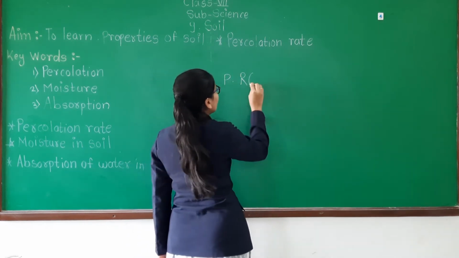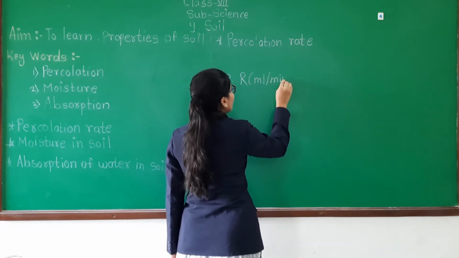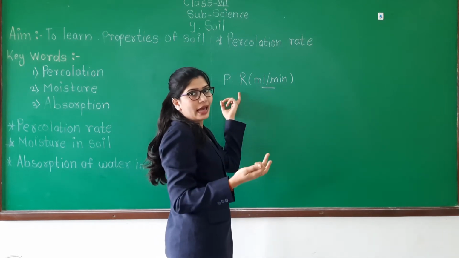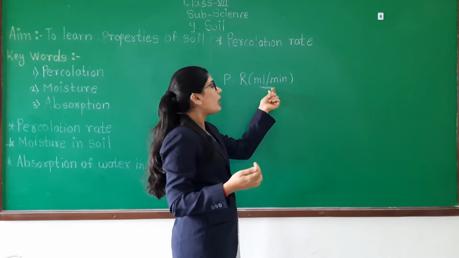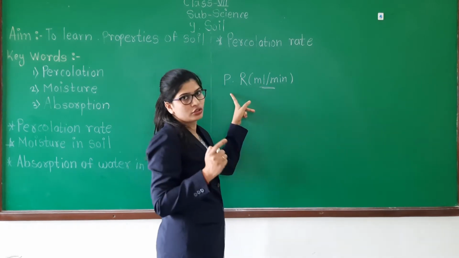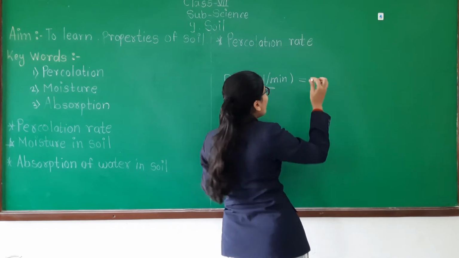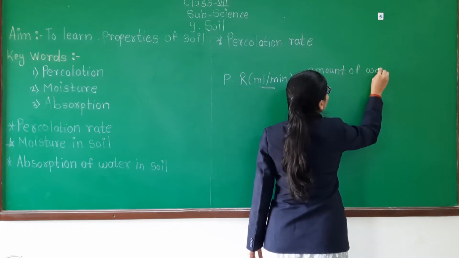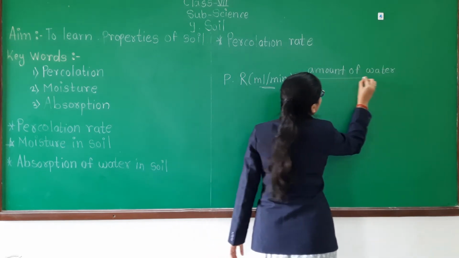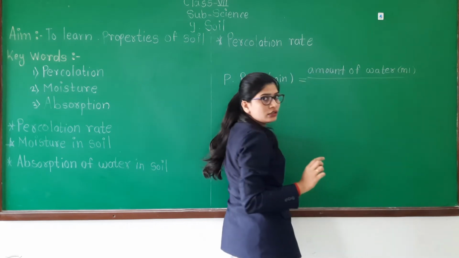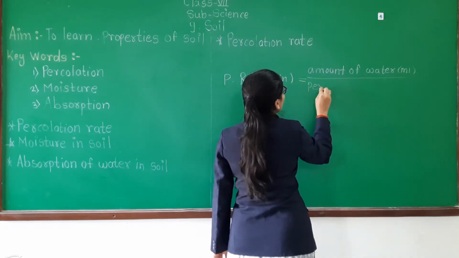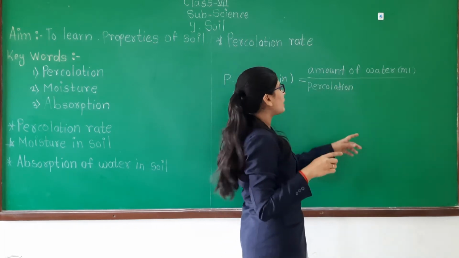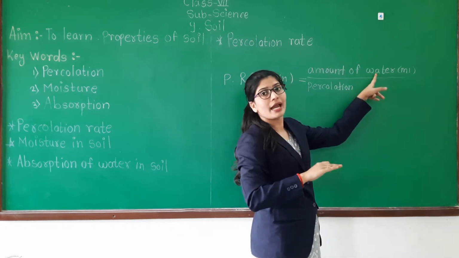Percolation rate is in ml per minute. This is the unit of percolation rate, like kilogram, gram, ml. So the formula is: amount of water, how much water we have taken, which we write in ml, divided by percolation time, which means how much time is required for that water to go downside, to the bottom.